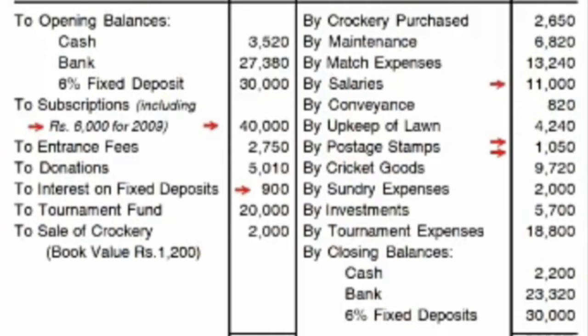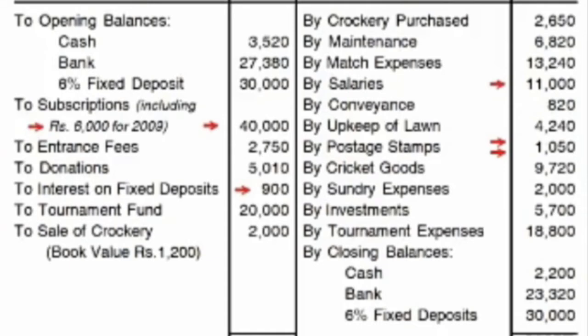We sold crockery rupees 2,000, but the book value 1,200, and that sales we recorded in current year balance sheet, less sales 1,200, and left a space also. So in that space we can enter crockery purchased 2,650, and the net value, crockery purchased 2,650 less sales 1,200, the net value is 1,450.